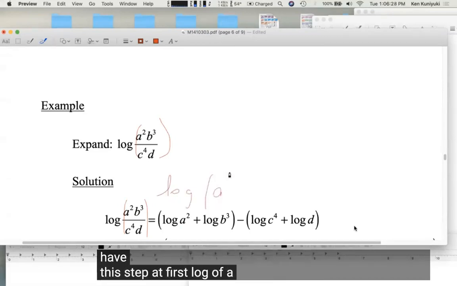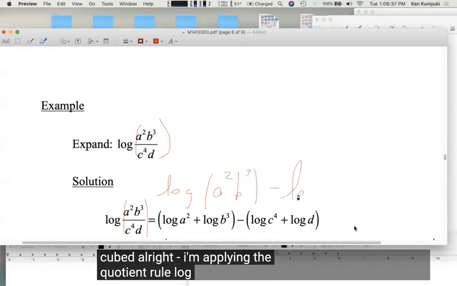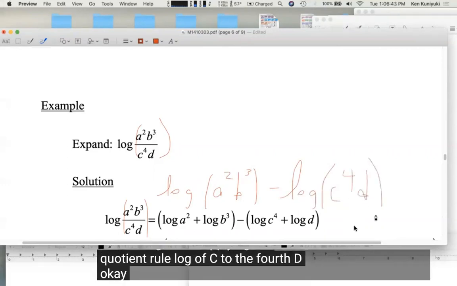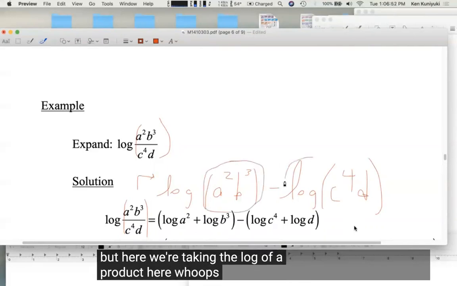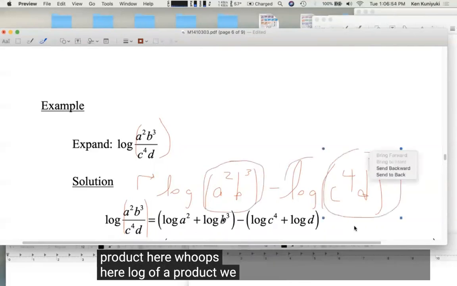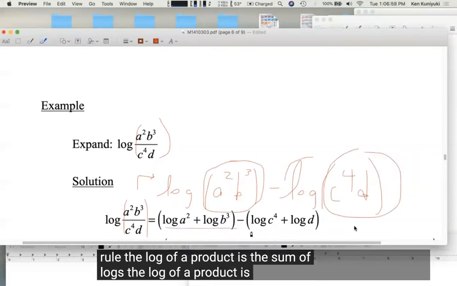Log of a squared b cubed, minus, I'm applying the quotient rule, log of c to the fourth d. So if you want to apply the quotient rule directly, you get that: log of the top minus log of the bottom. But here, we're taking the log of a product. Use the product rule. The log of a product is the sum of logs.